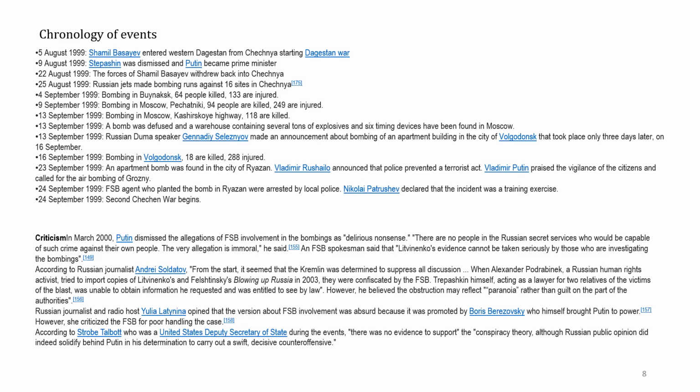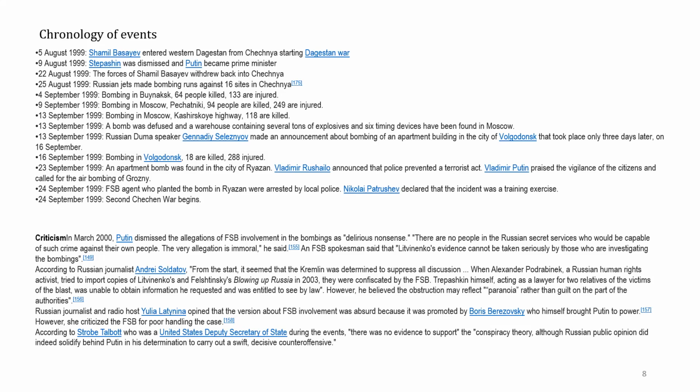When Alexander Podrabinek, a Russian human rights activist, tried to import copies of Litvinenko's and Felshtinsky's Blowing Up Russia in 2003, they were confiscated by the FSB. Trepashkin himself, acting as a lawyer for two relatives of the victims of the blast, was unable to obtain information he requested and was entitled to see by law.